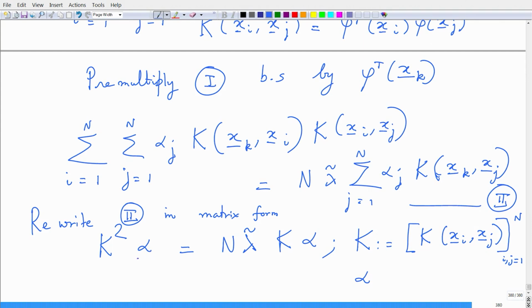If I want, I can put this vector here, which is my column vector stacked by alpha 1 to alpha capital N.